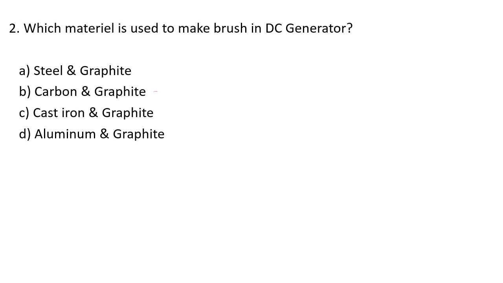Their conductivity is very high, so they are normally used as conducting materials. So the apt option is option B, carbon and graphite. These two materials are commonly used for the production of brushes in DC machines, not only for DC generators.